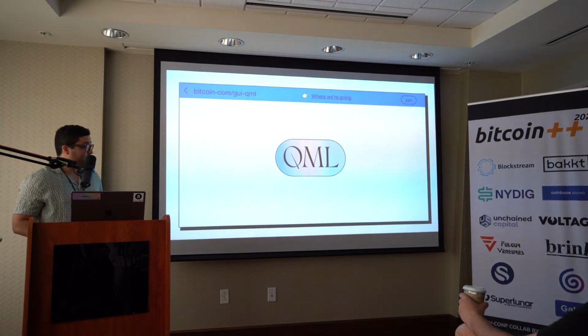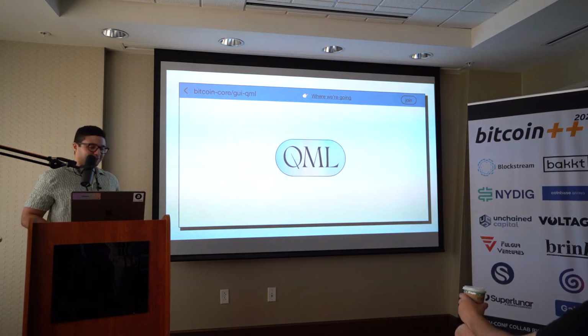Now, QML I wanted to have its own slide. This is the framework we're going to use instead of Qt widgets. It's still Qt, but it allows us to delineate the front end and the back end, since it's a declarative language. You write the UI files in a few lines of QML, not in a sea of XML and then C++.